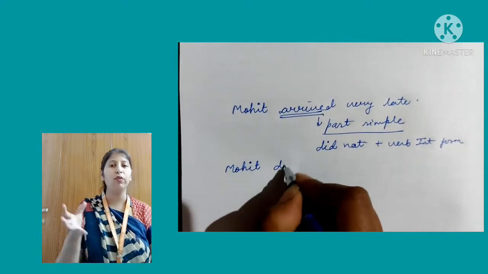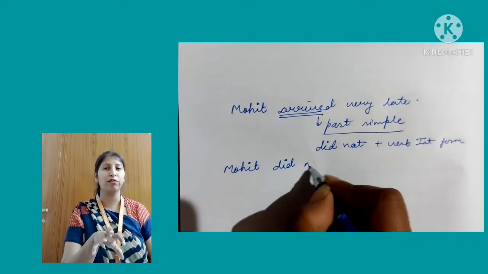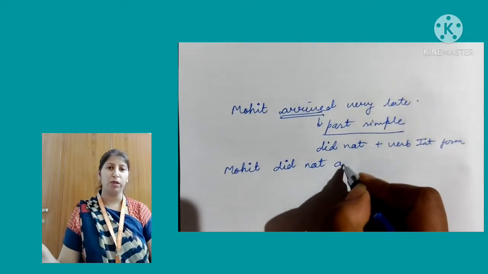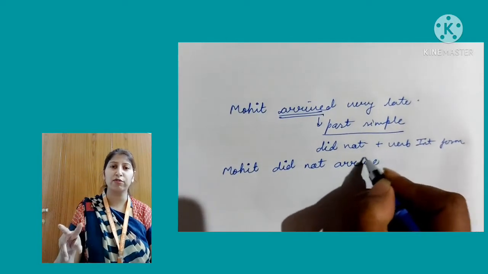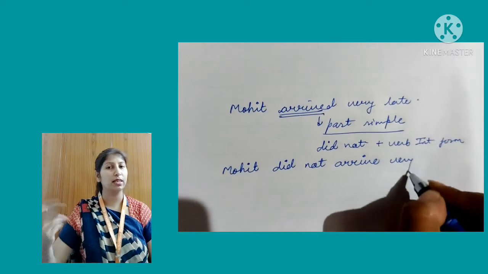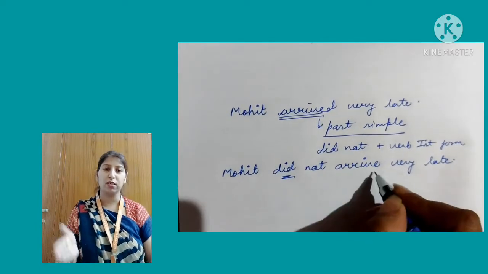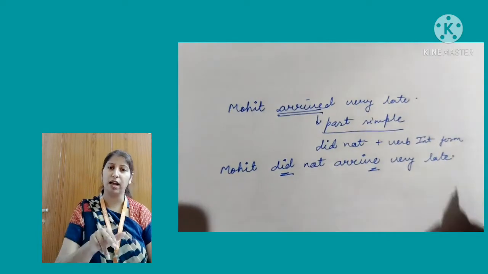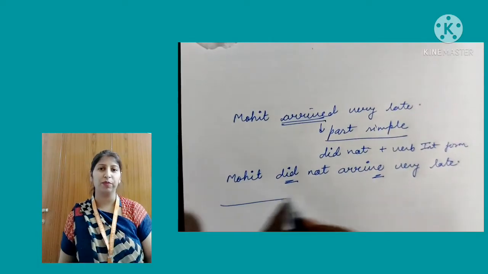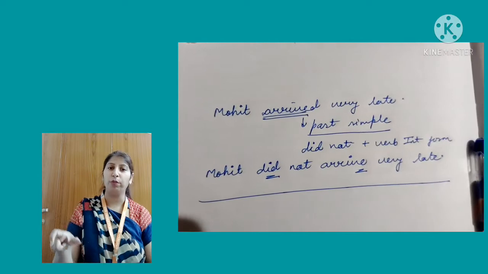So arrived we will not use, because arrived is also the second form and did is also the second form. In a sentence we cannot use two second forms. This will change the sense; this will be wrong. So Mohit did not, first form, arrive very late. If a helping verb is given, it is very easy: after the helping verb just put not.